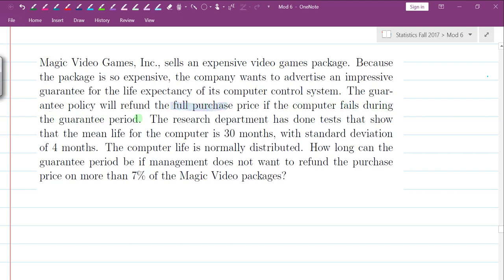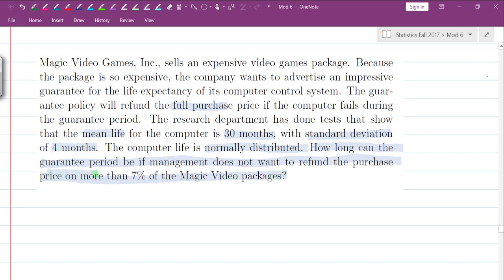The research department has done tests that show that the mean life for the computer is 30 months, with a standard deviation of 4 months. The computer life is normally distributed, which is very important. How long can the guarantee period be if management does not want to refund the purchase price on more than 7% of the Magic Video packages?